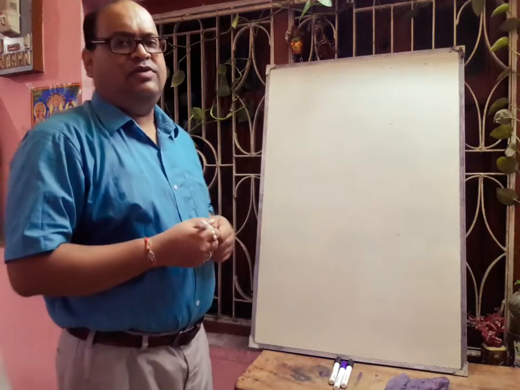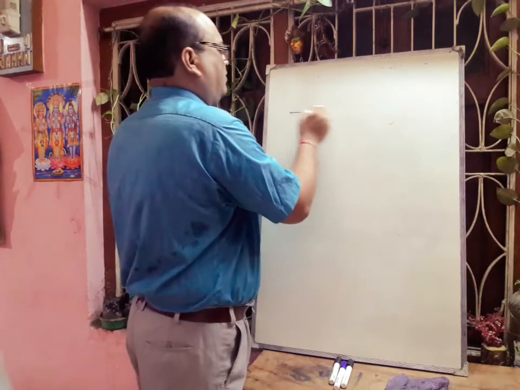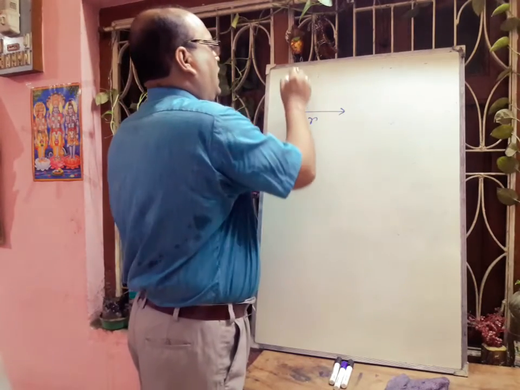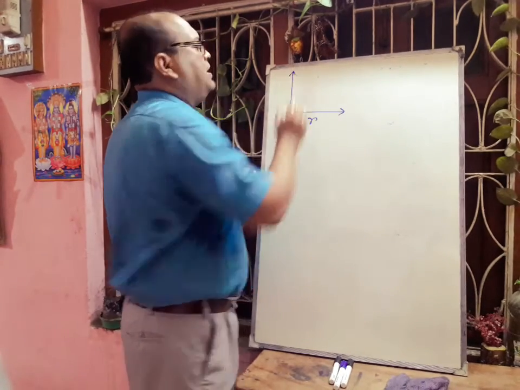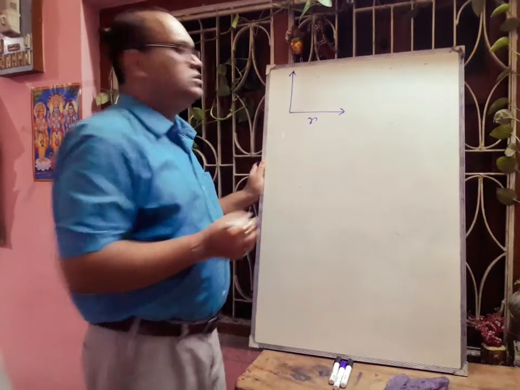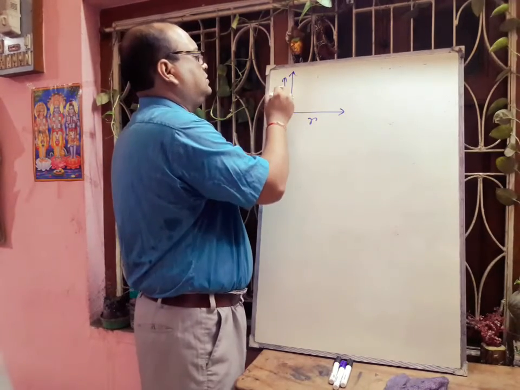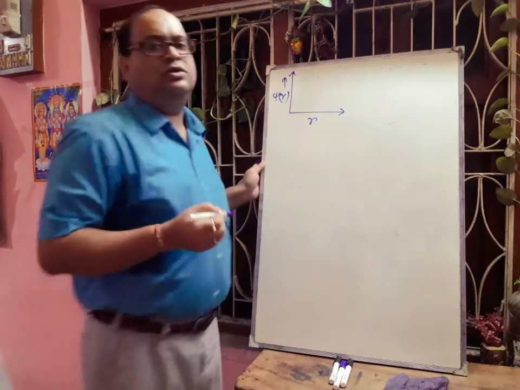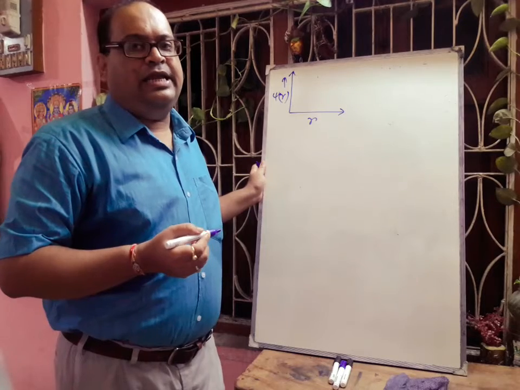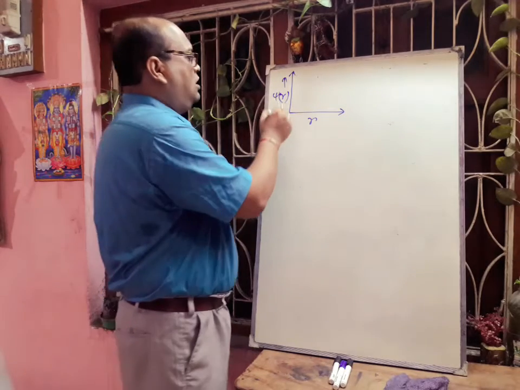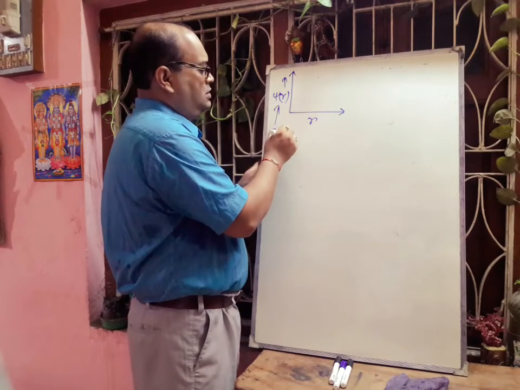On the x-axis we will plot r, and you know that psi is the wave function of the electron. So the radial part, psi r, is the radial wave function.